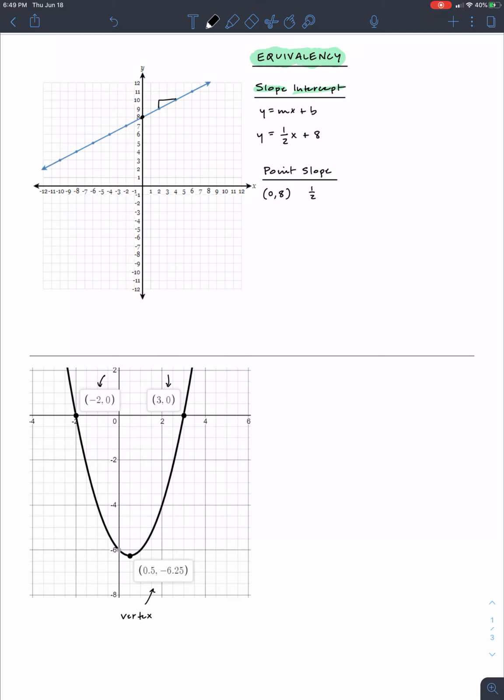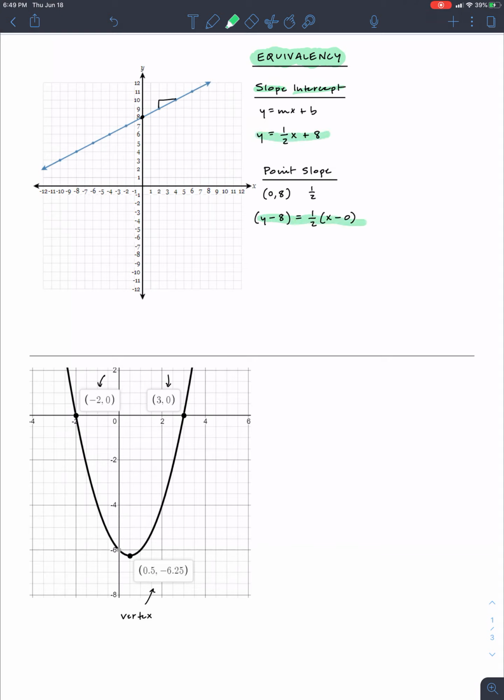And when we plug it into our point-slope form, which is y minus y1 is equal to 1/2 times x minus x1, we can do that. And so we don't have to do any manipulations on this. This is equivalent to this guy.